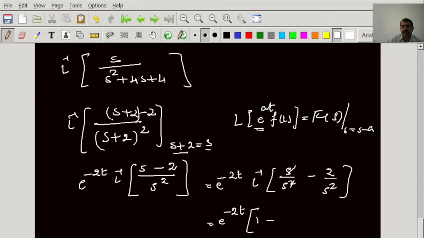So we can write this as 2 into inverse Laplace of 1 by s square, which is t power 1 by 1, so we need not write 1 by 1. So the answer is e power minus 2t into 1 minus 2t.